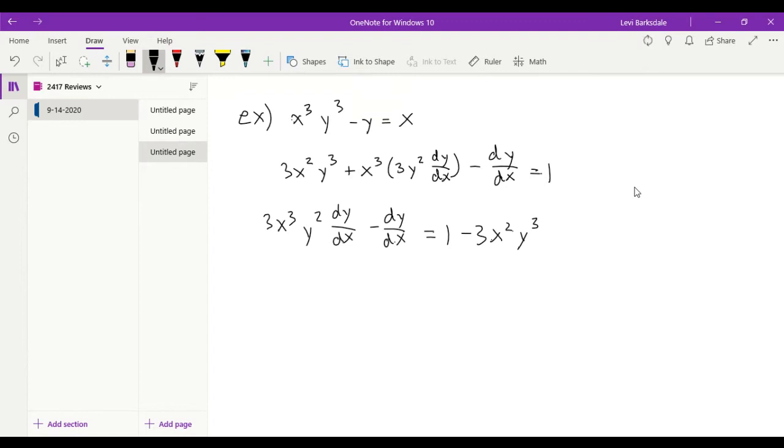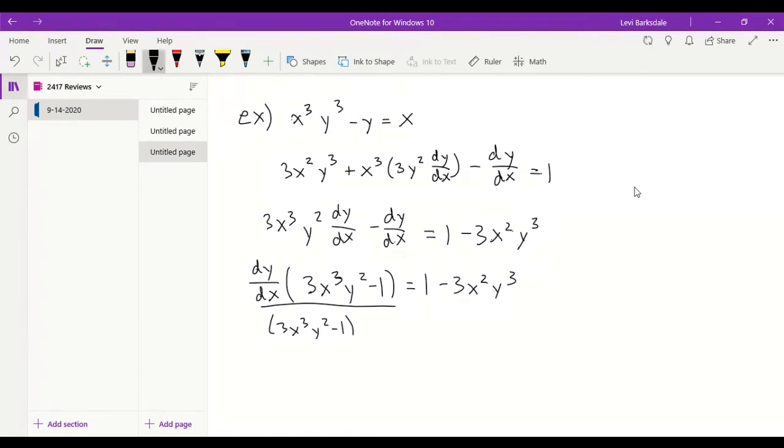Now, since everything on this left-hand side has a dy over dx, you can just factor that out like this. And then we just divide everything by whatever's on this side that is not dy over dx. So in this case, it's 3x cubed y squared minus 1. And we do that to both sides.